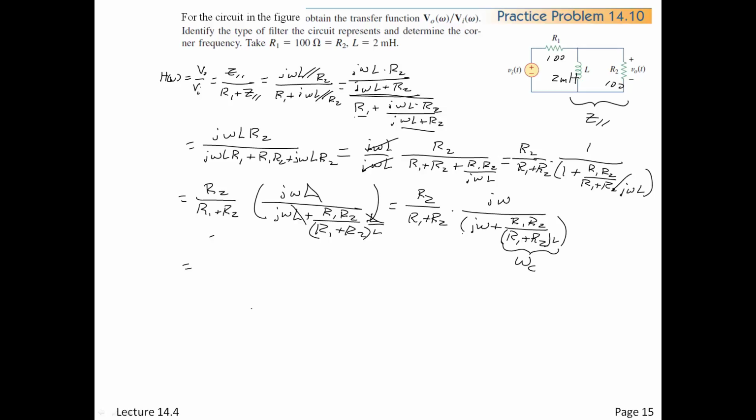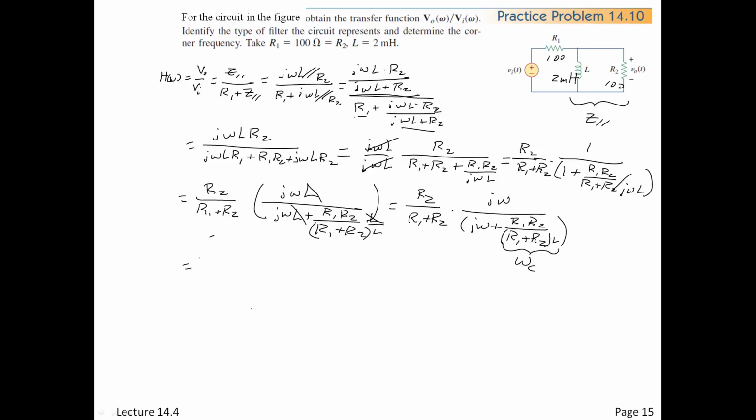Identify the type of filter this represents and determine the corner frequency. Well, I think we found a corner frequency, and notice it is a function of the parallel resistors, right?